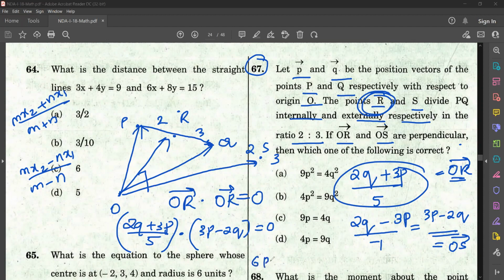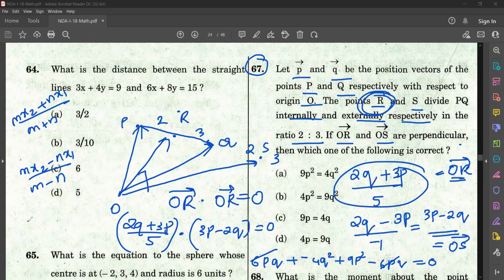You will get 6P dot Q minus 4Q square plus 9P square minus 6P dot Q, that is equal to 0. Now plus 6 PQ and minus 6 PQ will go.